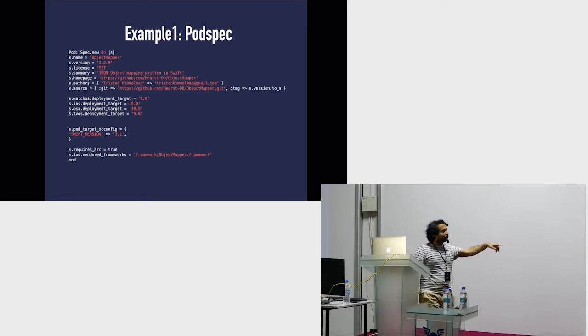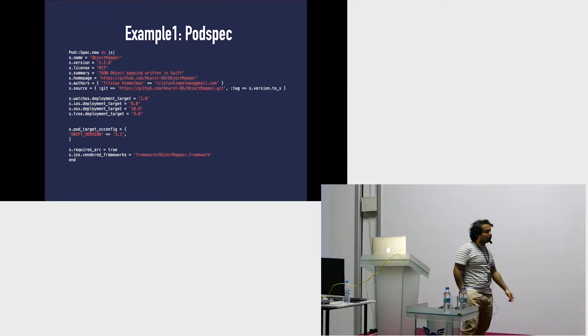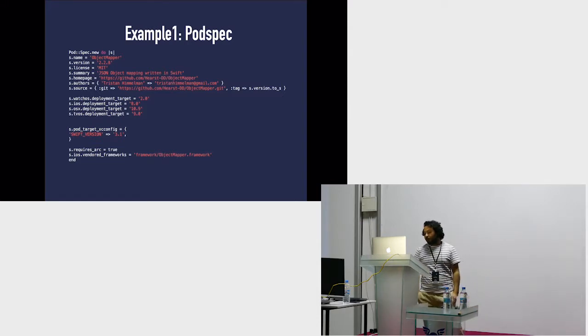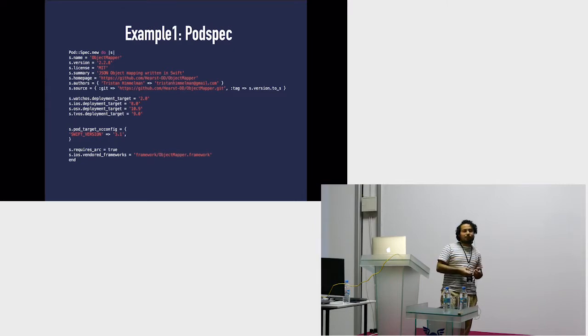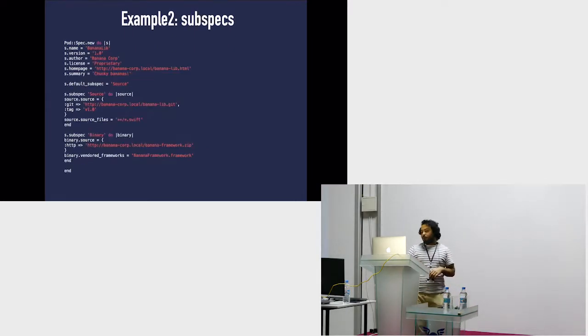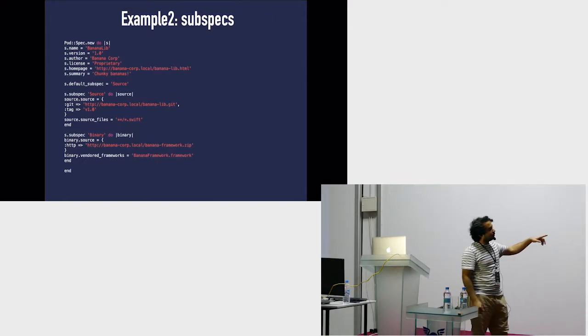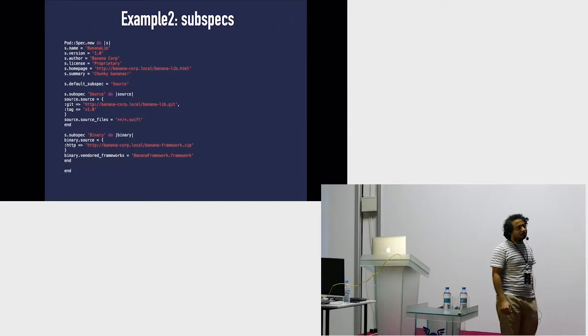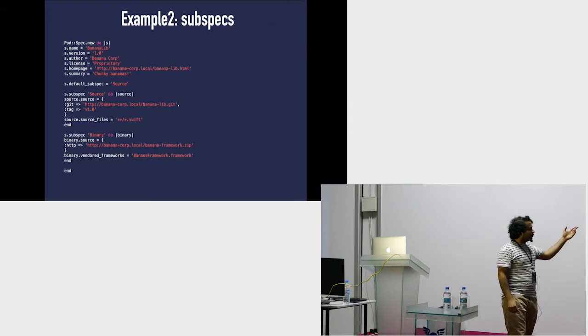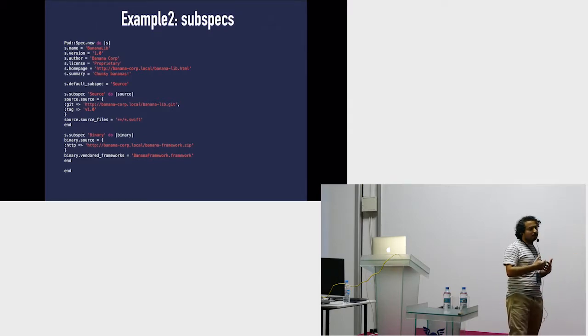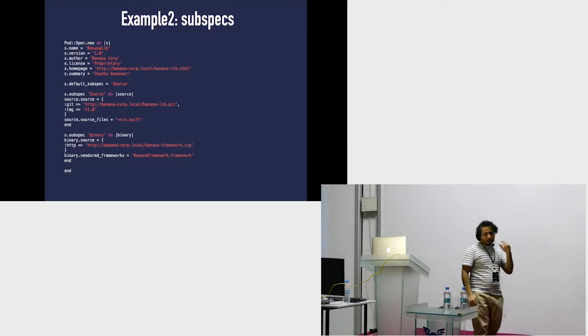At the end, there is something called vendored frameworks, and you give it the frameworks that you already generated. One more option, as I said, is that you can distribute your framework as source files or as a binary. It's very simple, you just need to create different podspecs.